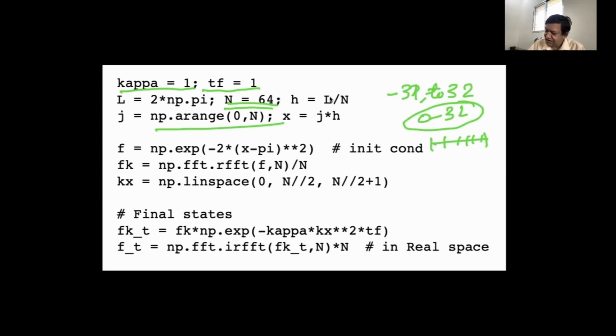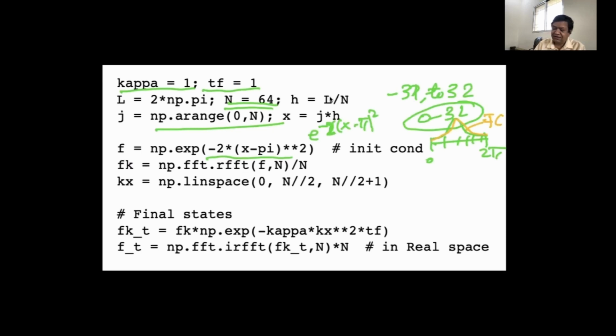The initial condition is given here: exponential of minus 2 times (x minus 5) whole squared, and the box is 0 to 2 pi. You can see that this is a function which is peaked around x equal to pi, at the mid value. And so this is the initial condition.